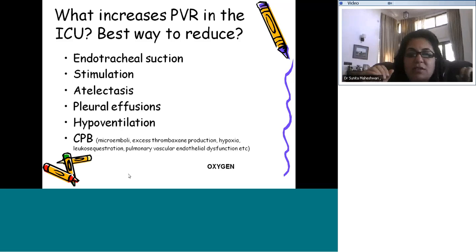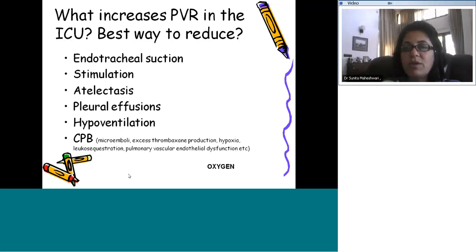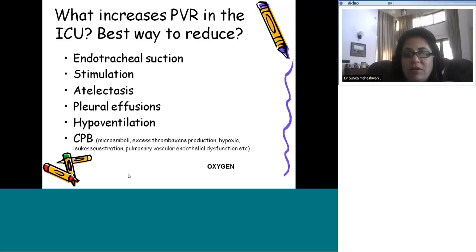You do bag and mask, you sedate, you need to paralyze, you give oxygen, you correct acidosis, you correct polycythemia, and all these things many times will drop your pulmonary resistance. You don't always, of course. If they don't respond to all that, then you're thinking of nitric oxide and medications to reduce it.